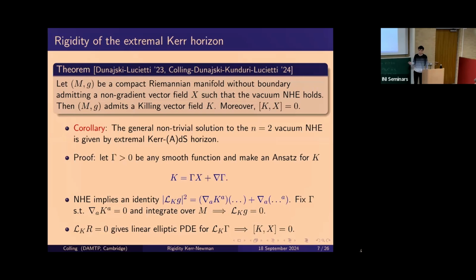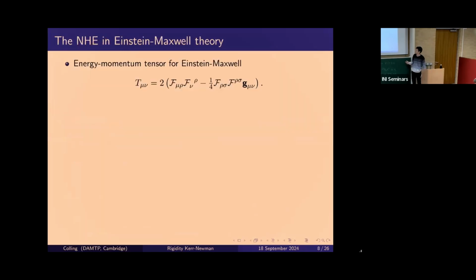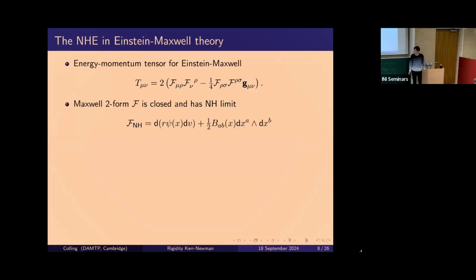Good. So we now include some energy momentum. We include a Maxwell 2-form F. And you can show that this F also must have a near horizon limit. Since it's closed, it's going to be completely determined by a 2-form B on M and a function psi on M. So this 2-form is just the induced Maxwell field on the cross-section.